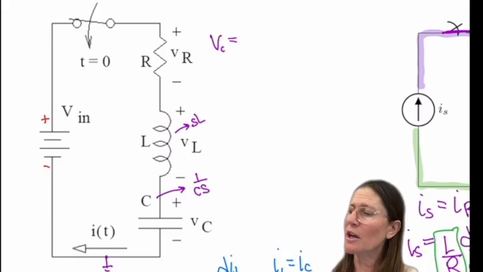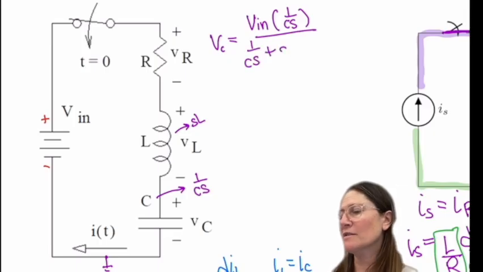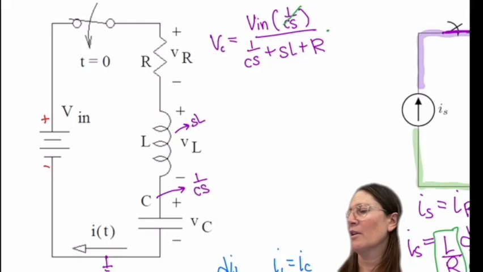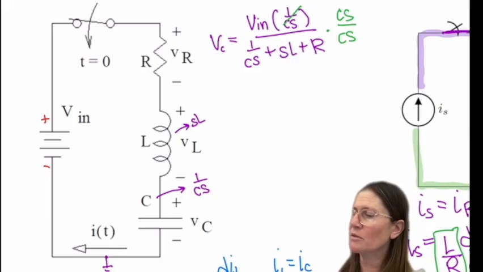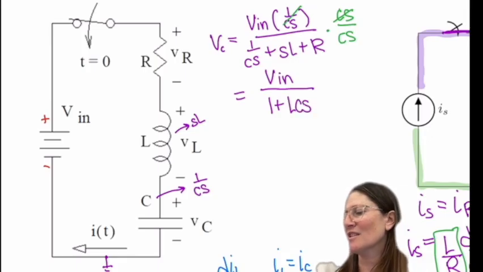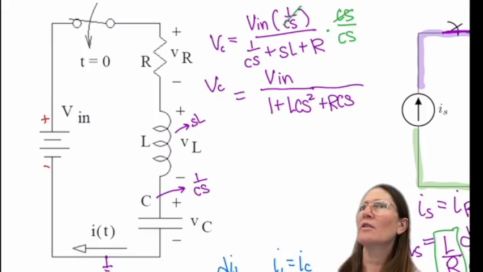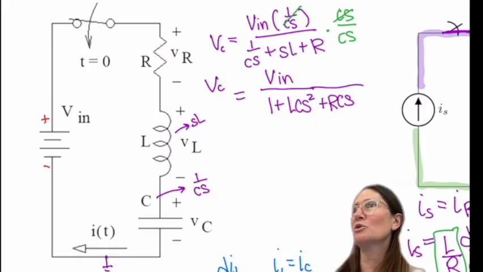VC here is going to be VN times 1 over CS, all over 1 over CS plus SL plus R. You can multiply the top and the bottom by CS, and then this becomes VN over 1 plus LCS squared plus RCS. Same exact equation, and it was really quick to get.